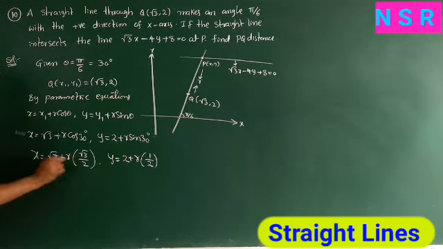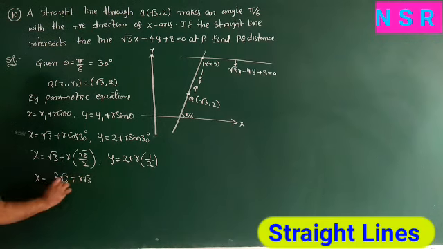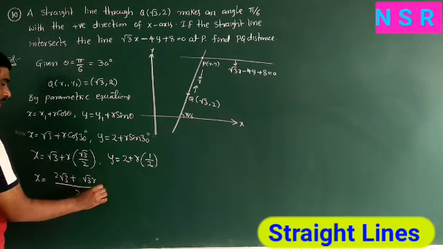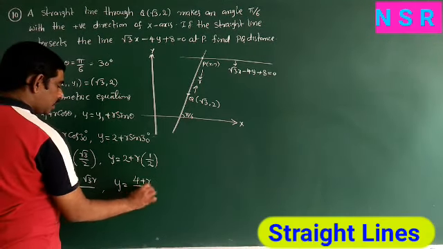Now here the LCM is 2: x = (2 root 3 + root 3 r)/2. Next, y = (4 + r)/2. So these are the x and y values. So P is (2 root 3 + root 3 r by 2, 4 + r by 2).